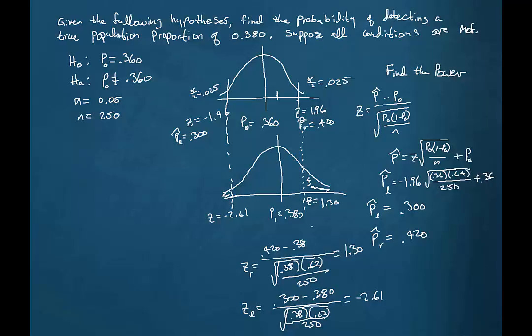And what you would find if you did that would be these areas here, and you would find 0.097 here and 0.005 here. And so the power will be the sum of those two values.